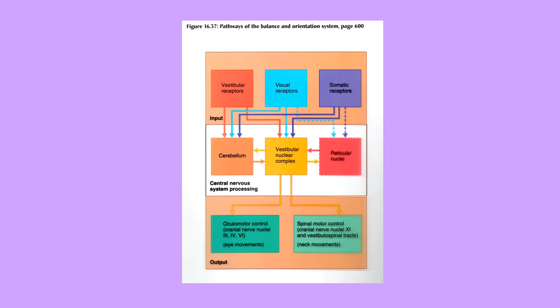It's going to be sending that input to the cerebellum. But in addition to that, you also have visual receptors. What are you seeing? Can you see that you're upright, or can you see that you're tilted? That's also going to be sending impulses to different areas of the brain. The cerebellum is going to be sending it to the vestibular nuclear complex.